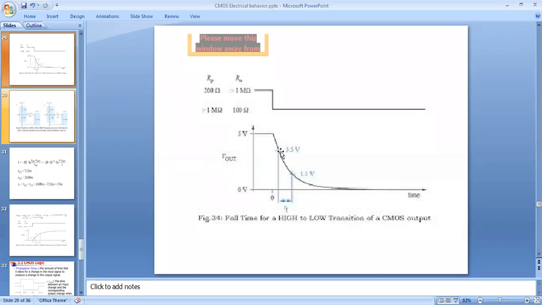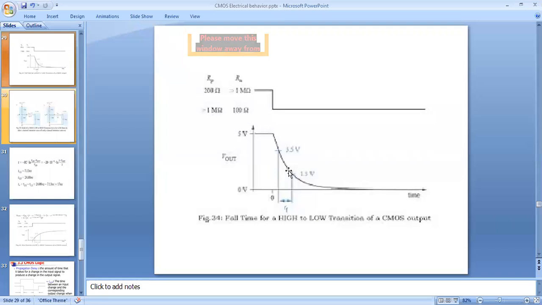Fall time is the time between 70% of VCC and 30% of VCC. Our VCC is 5 volts, so 70% is 3.5 volts and 30% is 1.5 volts. Between these two points we calculate the fall time.